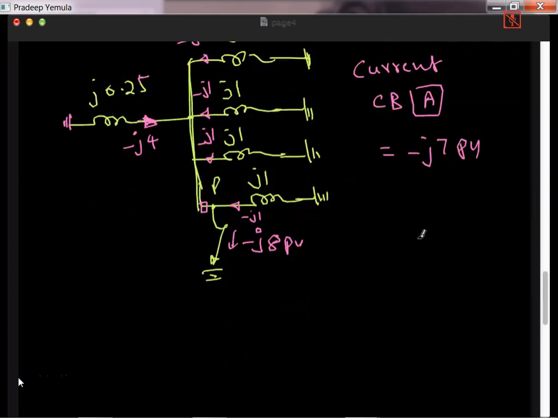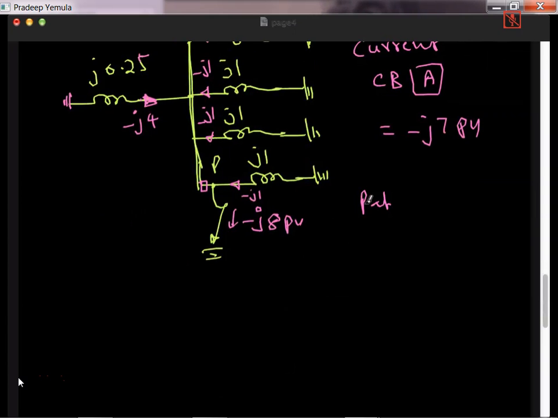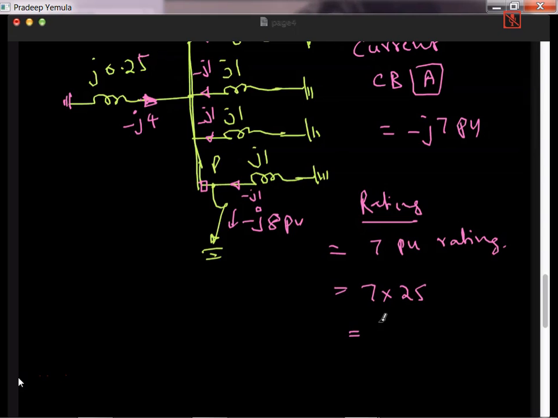And if you want to know the rating, so rating of the circuit breaker, 7 per unit will be the rating, that will be in MVA. So what is that? That is nothing but 7 into 25. 7 5 is 35, 7 2 is 14. So 175 MVA.